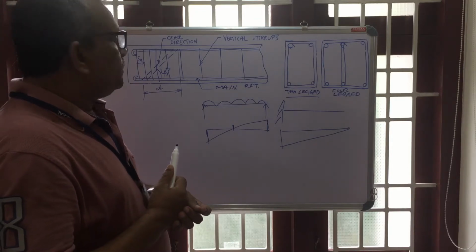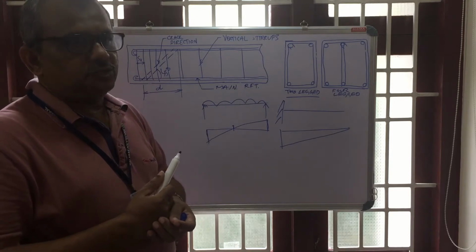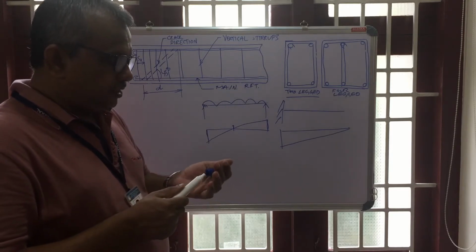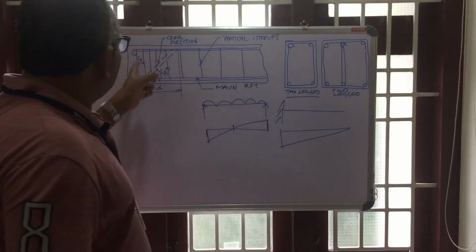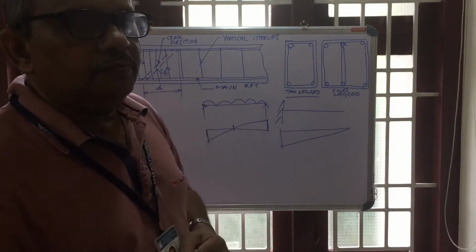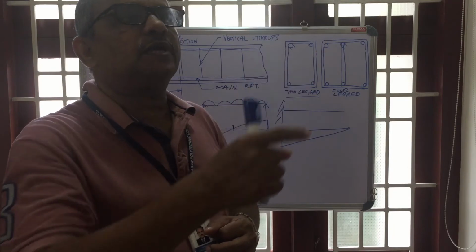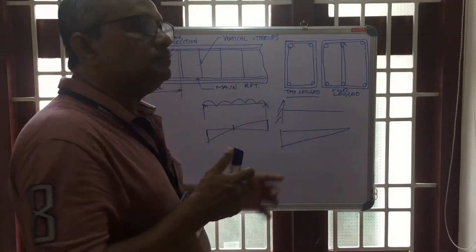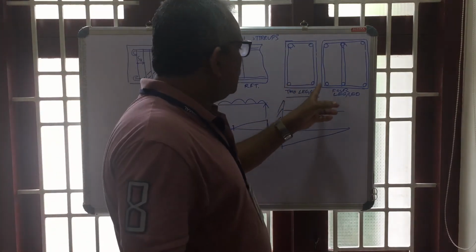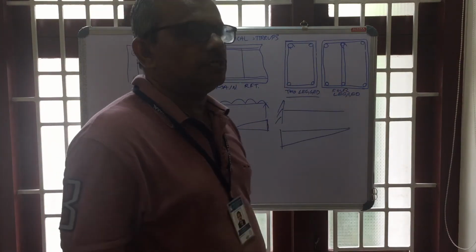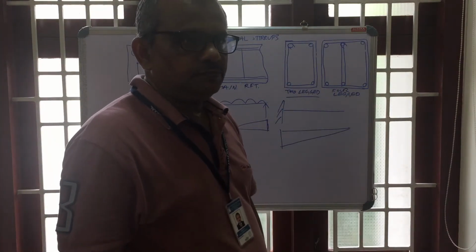Now, what are the different types of shear reinforcements? Usually, shear reinforcements are provided as vertical stirrups. You might have seen in beams vertical stirrups covering the top and bottom longitudinal reinforcements. It may be a two-legged stirrup or four-legged stirrups. You might have seen this, right?